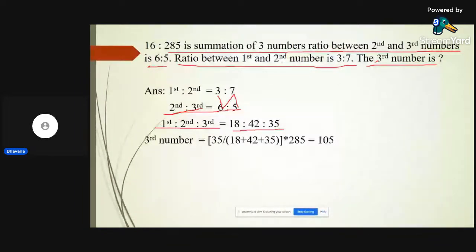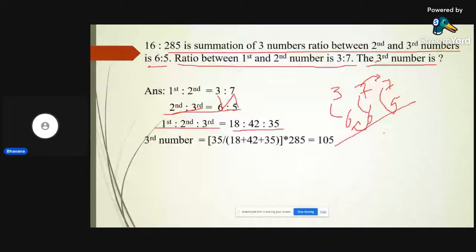Here, let's take 3, 7 and 6, 5. Take this value here, that is 6, and this value here, that is 7. Now multiply these two values and these two values.